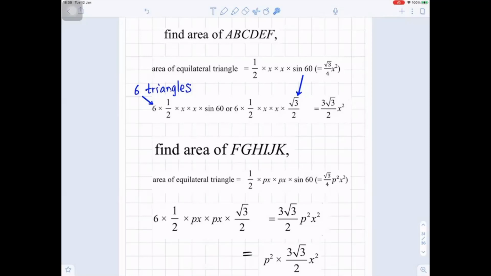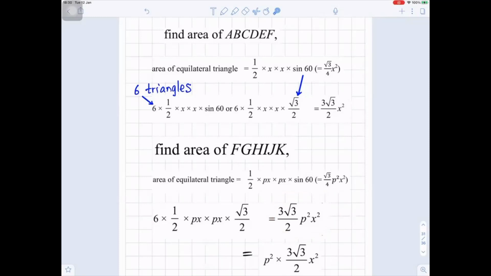When you multiply that out, you will get root 3 over 4 P squared X squared. But because the big hexagon also has 6 triangles, you multiply by 6. When you multiply by 6, 6 divided by 2 becomes 3, and 4 divided by 2 becomes 2. So you get 3 root 3 over 2 P squared X squared.